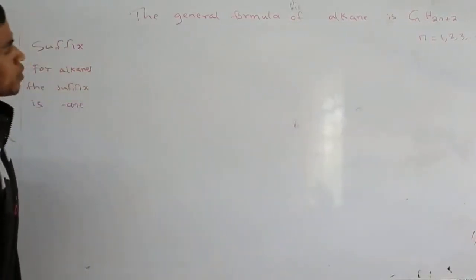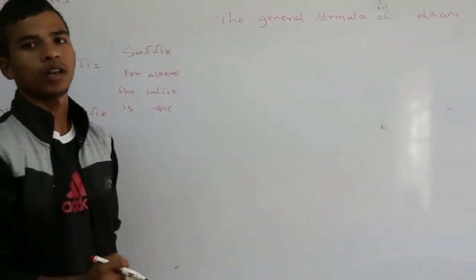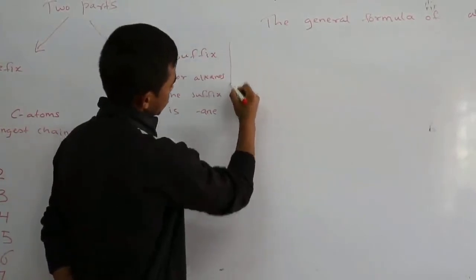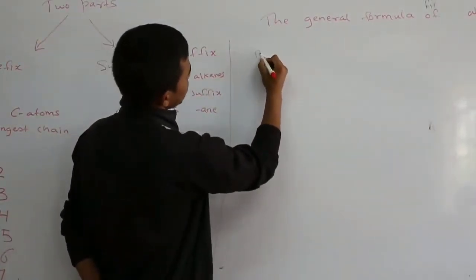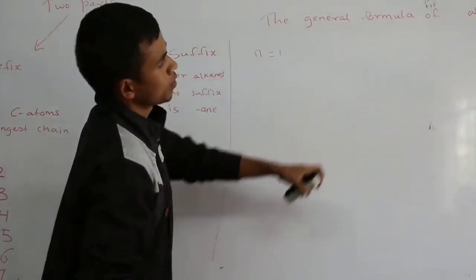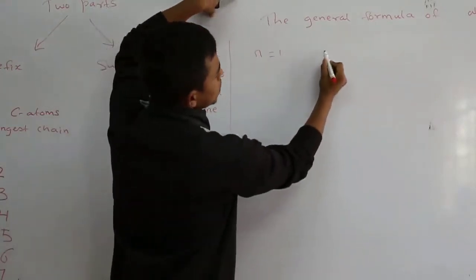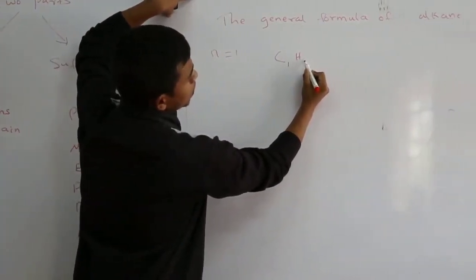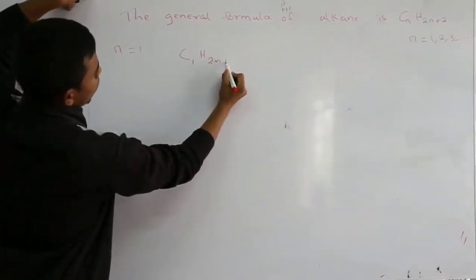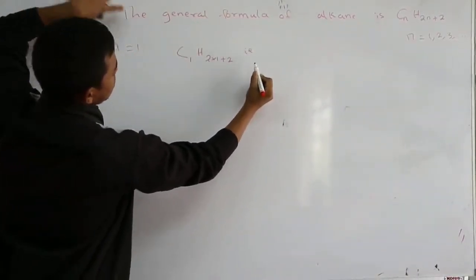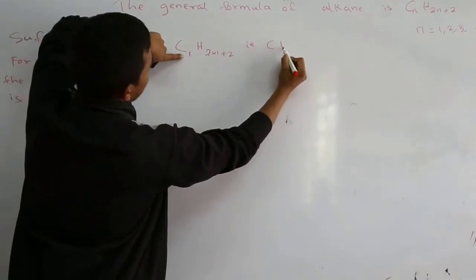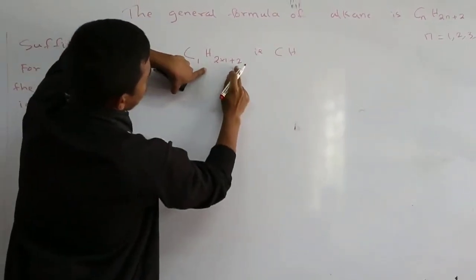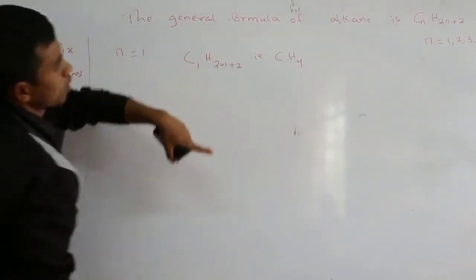So let us take the first case when n is 1. When n is 1, we have C 1, and H is 2 into 1 plus 2, that is 4.